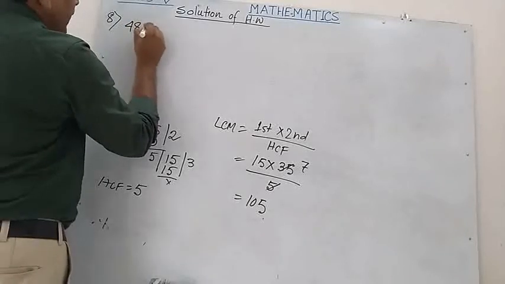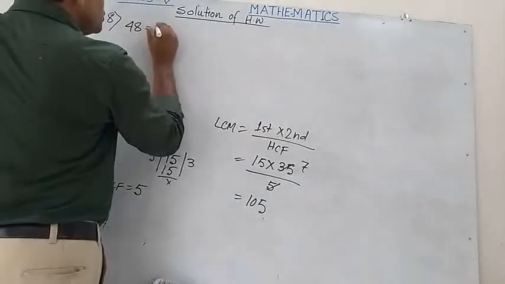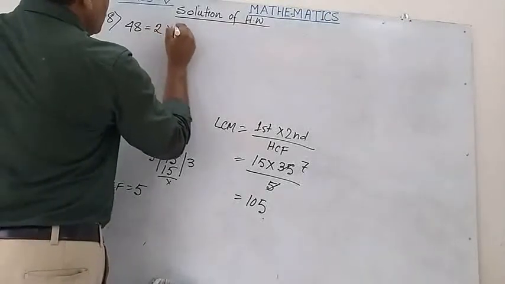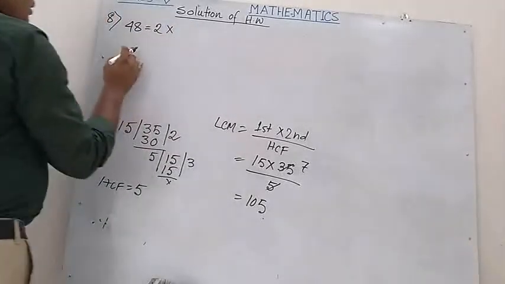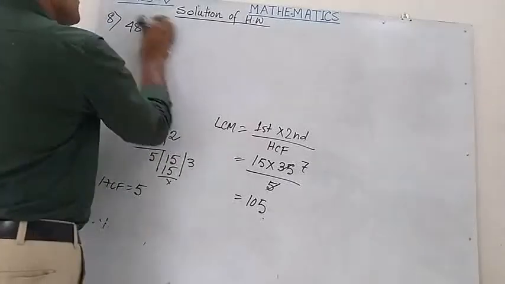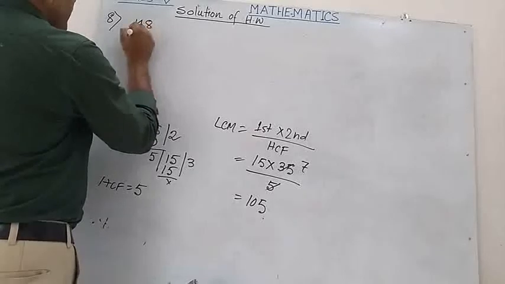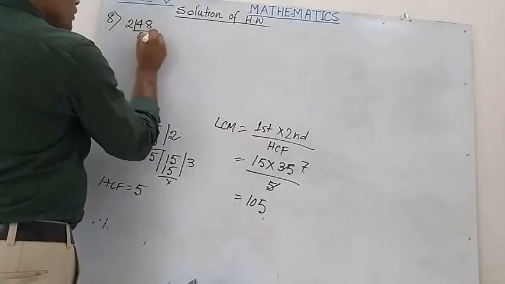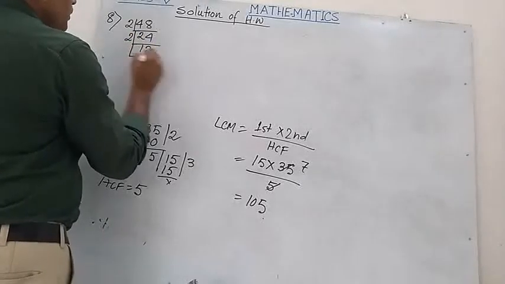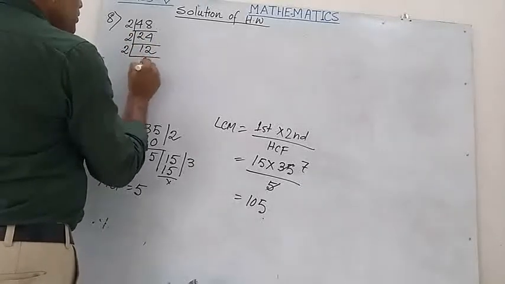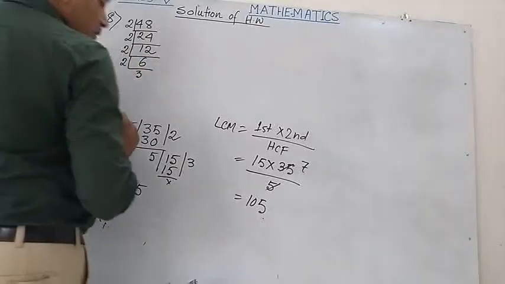48, if you factorize, you will get what? It is better to show you. 48 divided by 2, 24 divided by 2, 12 divided by 2, 6 divided by 2, 3.